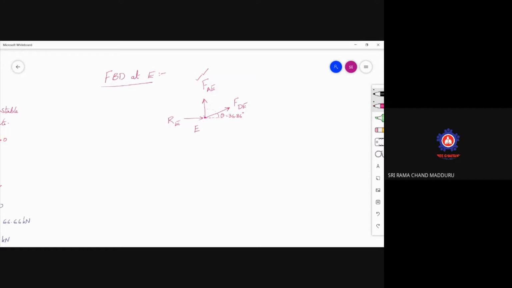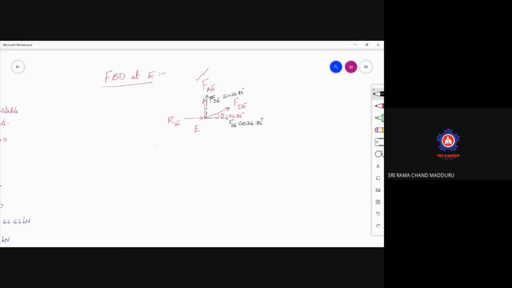So here the force is FDE. Now resolve the forces along the x direction as well as the y direction. This is force in DE, which is FDE sin 36.86 degrees, and this is FDE cos 36.86 degrees.